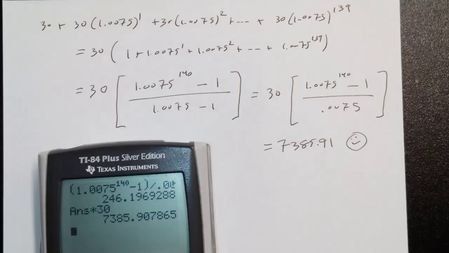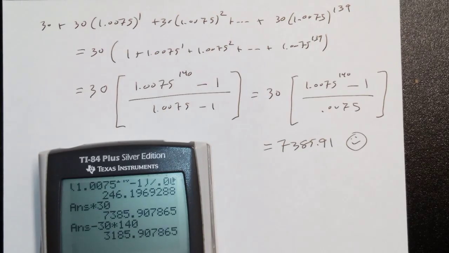Because remember, I put it in the bank, but I only put in $30 each time. I only put in $30 140 times. So the amount I put in is $4,200. And I made almost that entire amount, 3/4 of it, in interest alone.